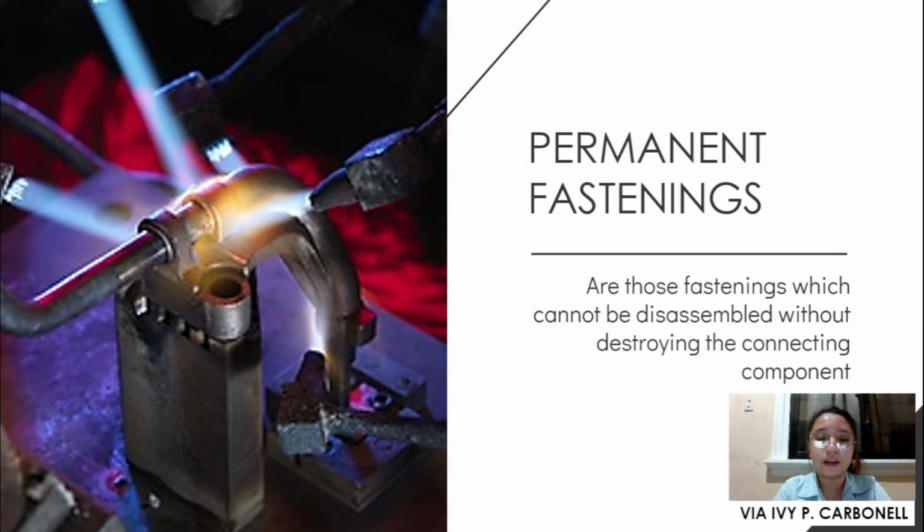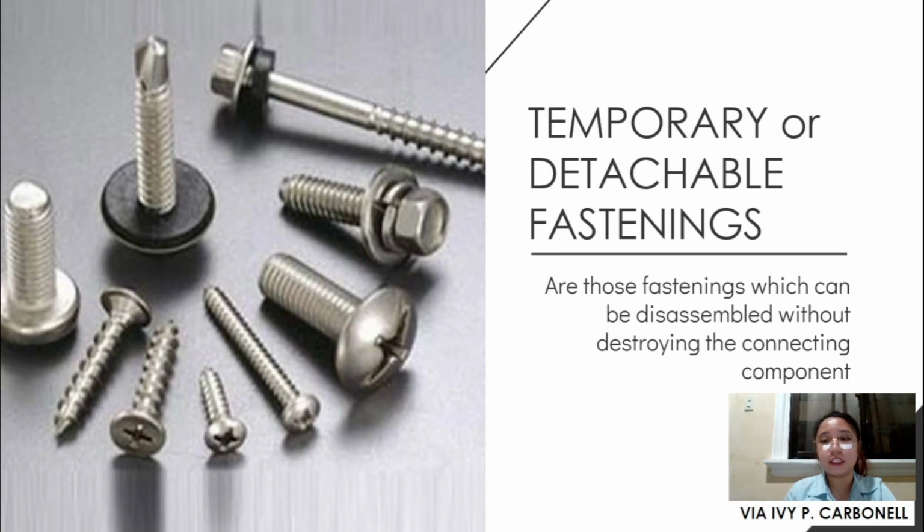Examples of these are the soldered and the brazed or welded, as you can see here in the pictures. For the second one, we have the temporary or the detachable fastenings. From the word itself, detachable, it can be disassembled without destroying the connecting component. Examples of these are the screws.